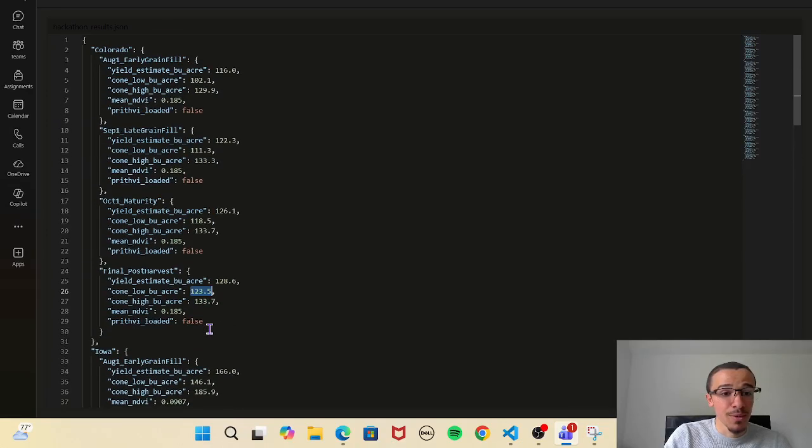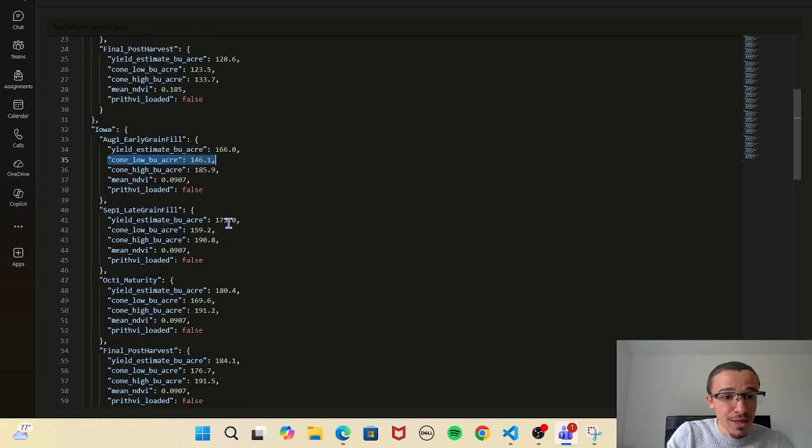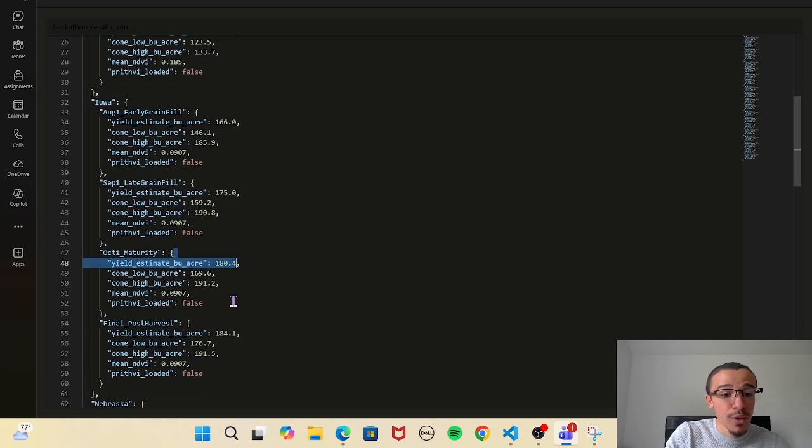For Iowa, for example, we have an initial estimate at the very beginning of the season of 166 bushels per acre, with a cone of uncertainty of roughly about 20, honestly, which is more than Colorado. And if we look at the end, obviously it's increasing over time, 175, 180, and we end at 184.